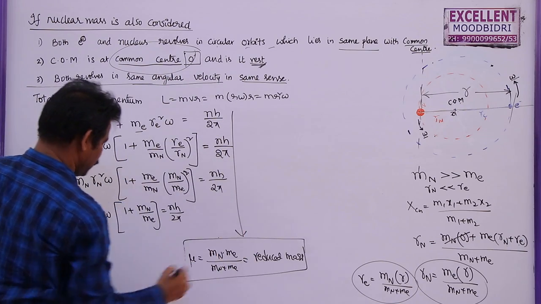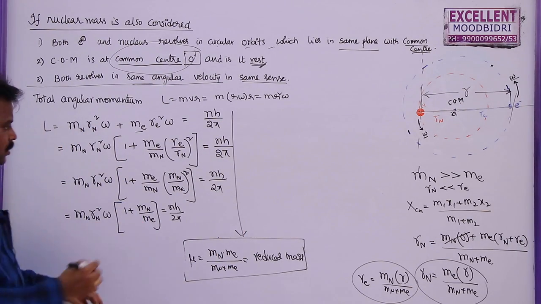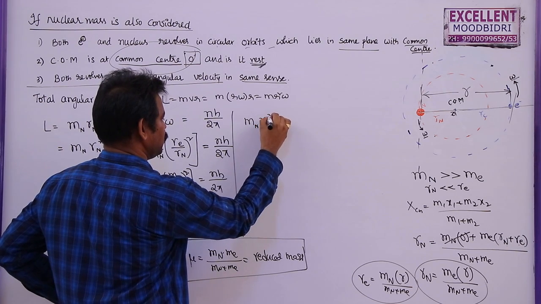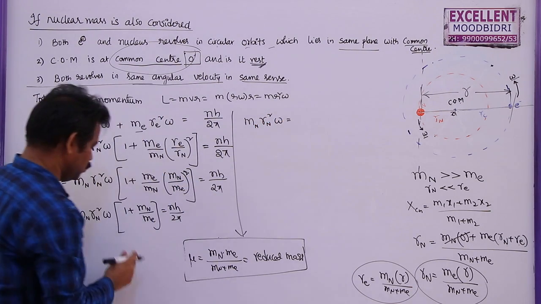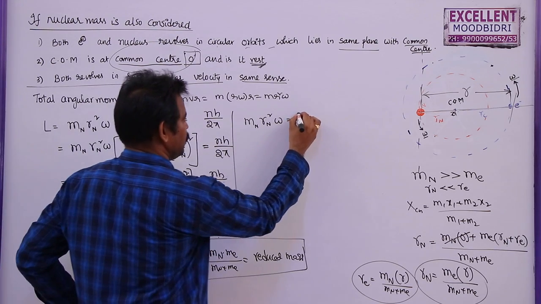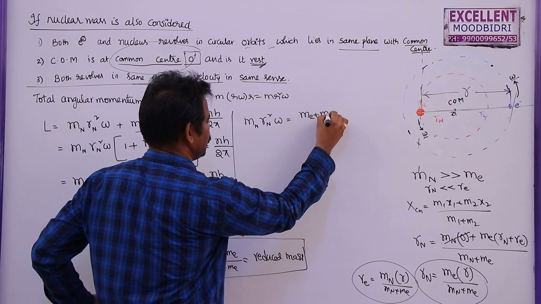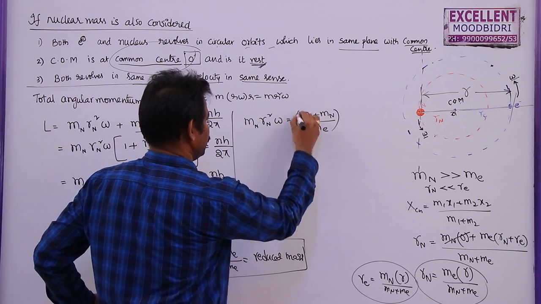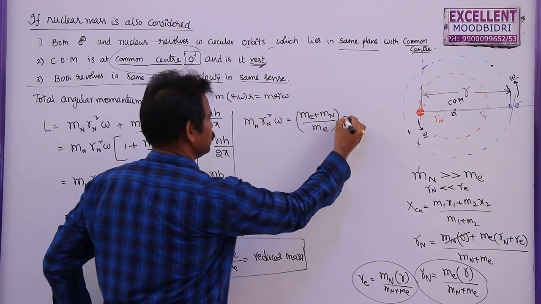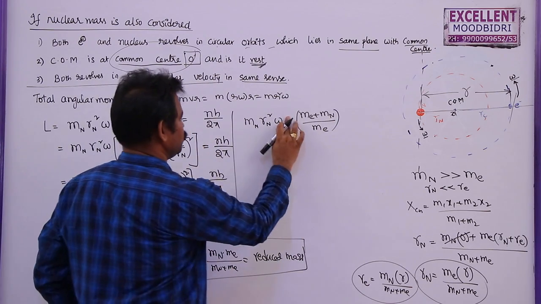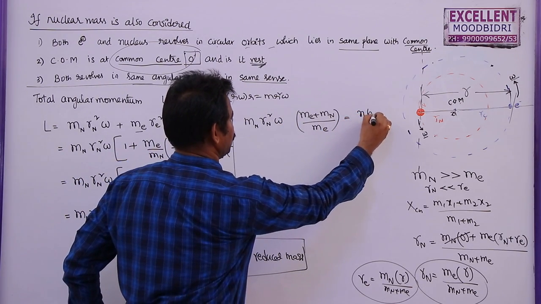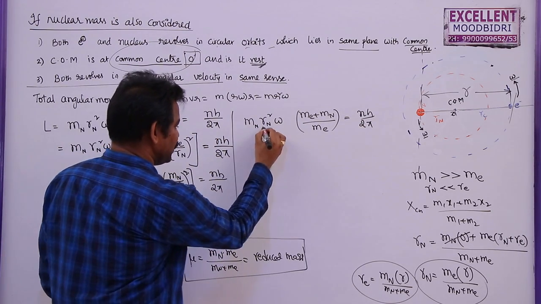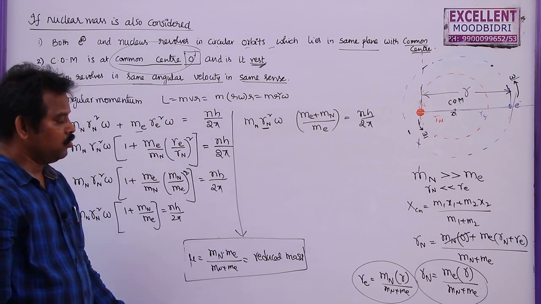So from this we can write, you can take the LCM here. Mass of nucleus, radius of the nucleus orbit, this is equal to, by taking LCM here, mass of electron plus mass of nucleus by mass of electron, into this, equal to nh by 2 pi. Now what is the radius of the nuclear orbit?